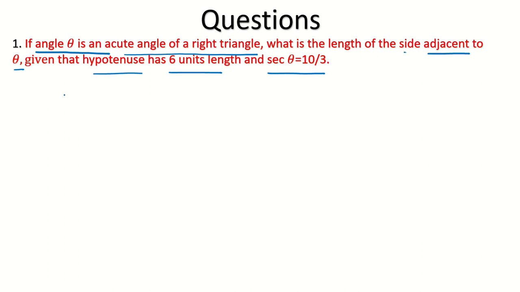Now, first you will make the triangle. I always recommend making the picture so that the question becomes very easy for you. I am sorry for this picture, my drawing is not that good. This is A, B and C. So angle theta, I am taking this as angle theta. What is the length of the side adjacent to theta?